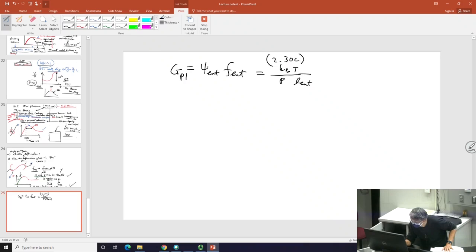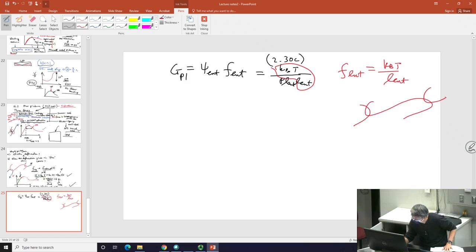It has one P and two L's, so one of the L is there, and there's another L. And this is the elementary amount of force, the retraction force, related to the length of the strand, of course in terms of end-to-end distance.